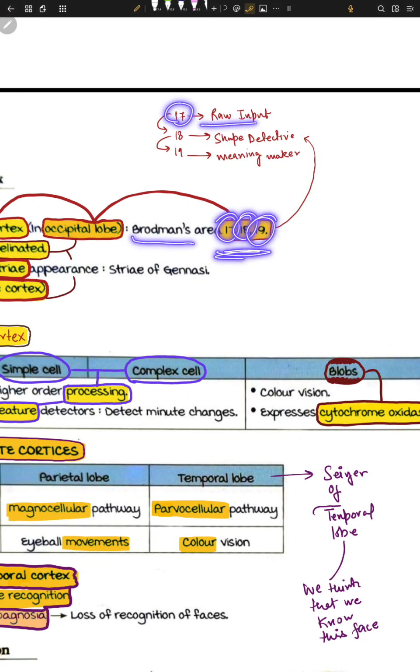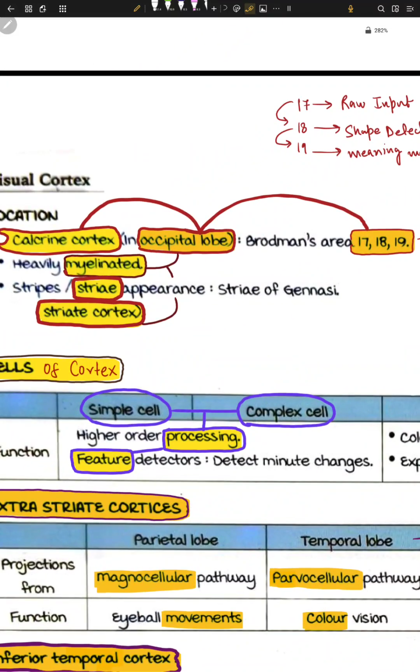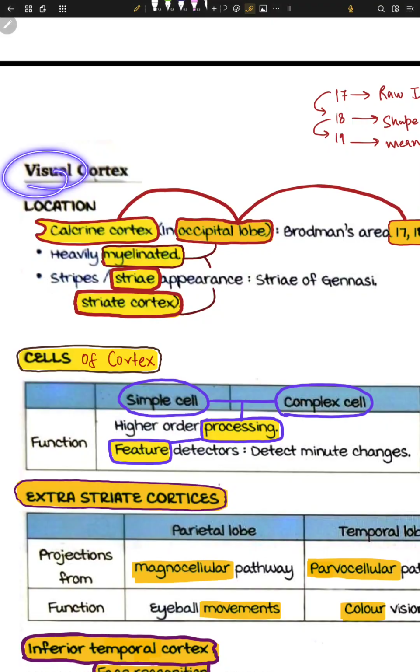Area 17 is for raw input, area 18 is for shape detection, and area 19 is for making sense. So 17, 18, 19 are very important for understanding vision. And this area is striped. They have something called the striae of Gennari.